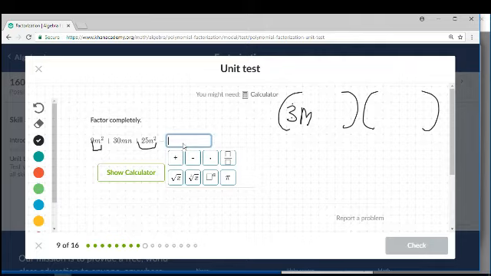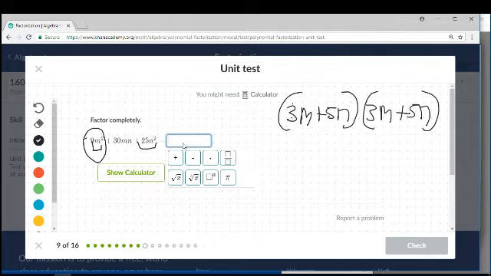And the 25n squared is going to have to be 5n. All right. So the 3m is the only logical way to break down 9m squared, and 5n is the only real logical way to break down 25n squared. But let's see, does this work?